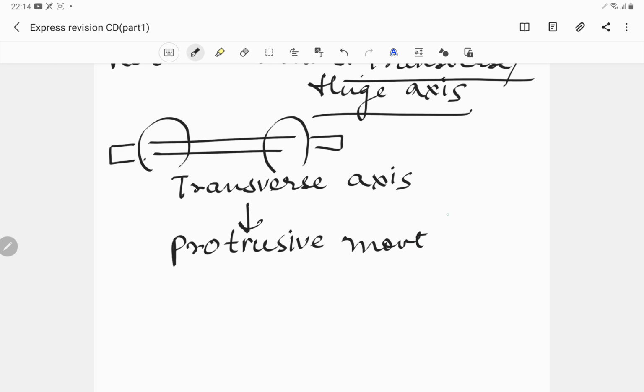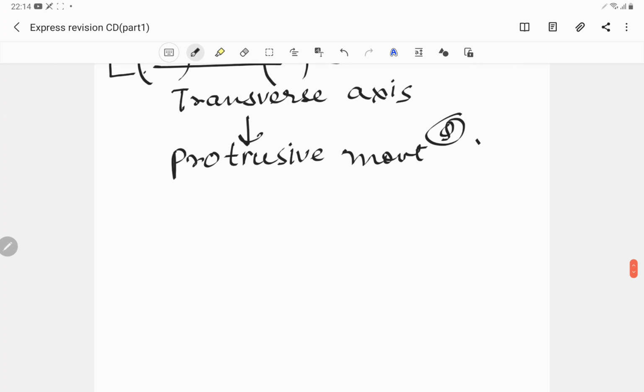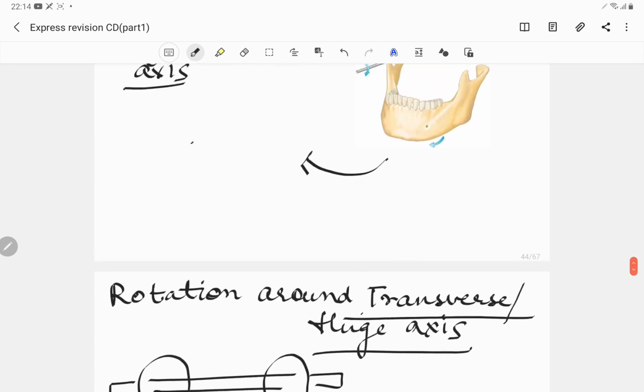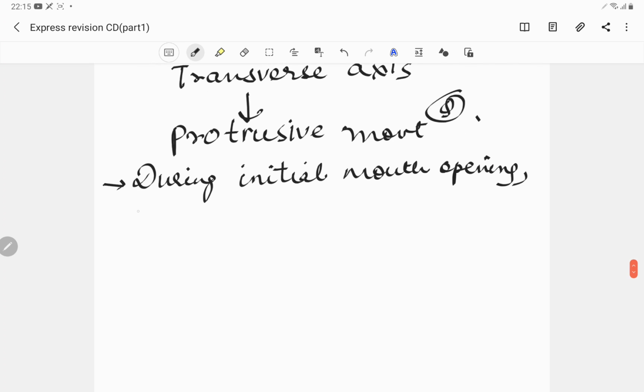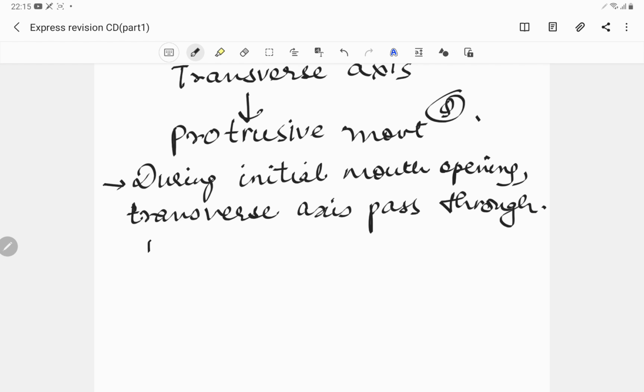So what will happen during the initial movement of mouth opening? The transverse axis passes through the mandibular foramen. Let me write this down, as this point is also important. During the initial mouth opening, the transverse axis is going to pass through the mandibular foramen.